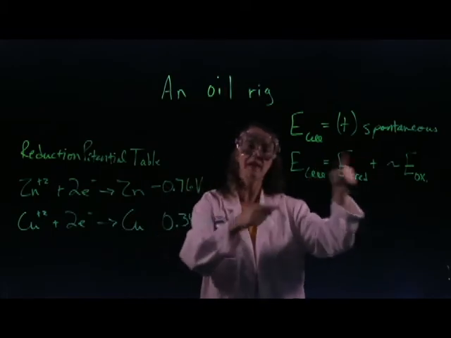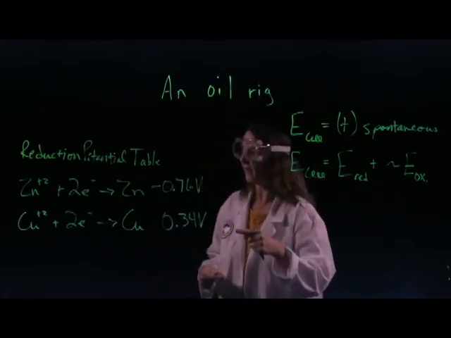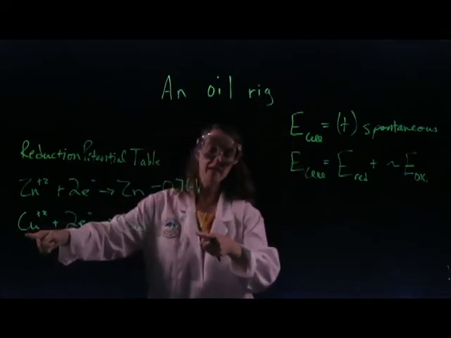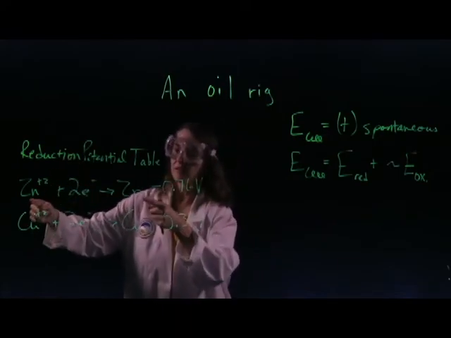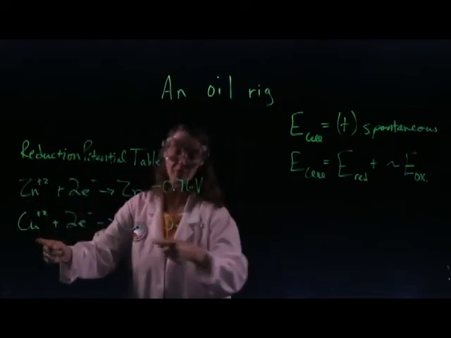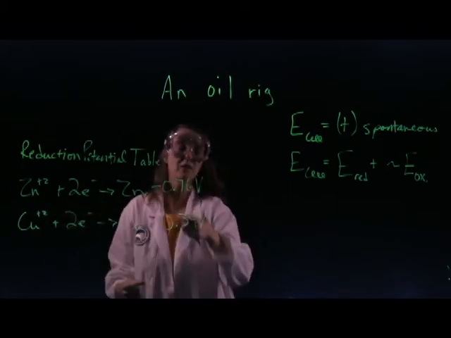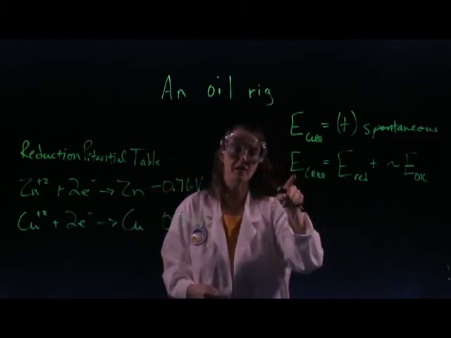So we want to pick the combination that will give us a positive E cell, and that combination is going to be this one. If zinc stays reduced like this, and if copper stays reduced like this and zinc is oxidized, that would give us positive values for both of these so that when we add them together, we get a positive number.